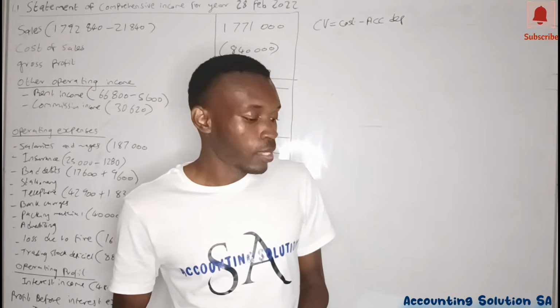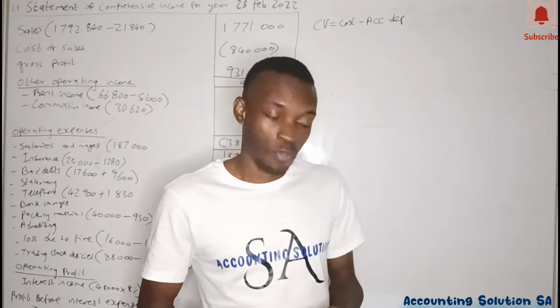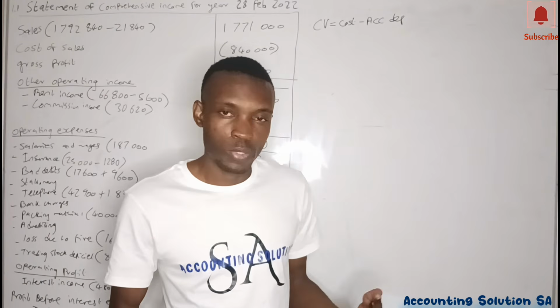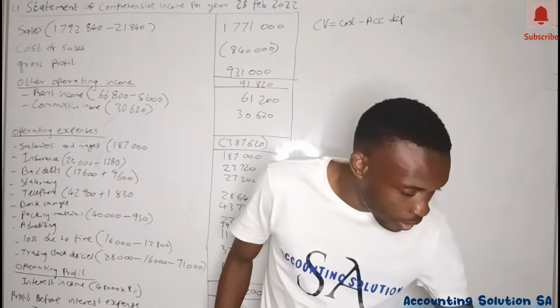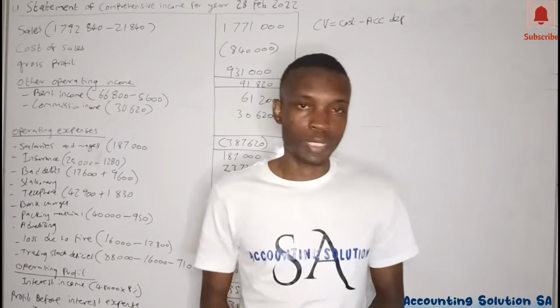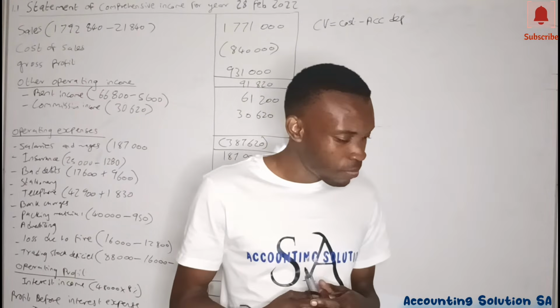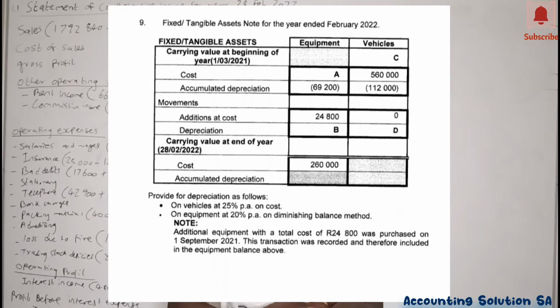For number 8, they are looking for the cost of equipment. How do we know it? Let's go and read the additional information. They said provide depreciation as follows. Number 1, vehicles at 25% per annum on cost. Number 2, equipment 20% per annum on diminishing balance method.